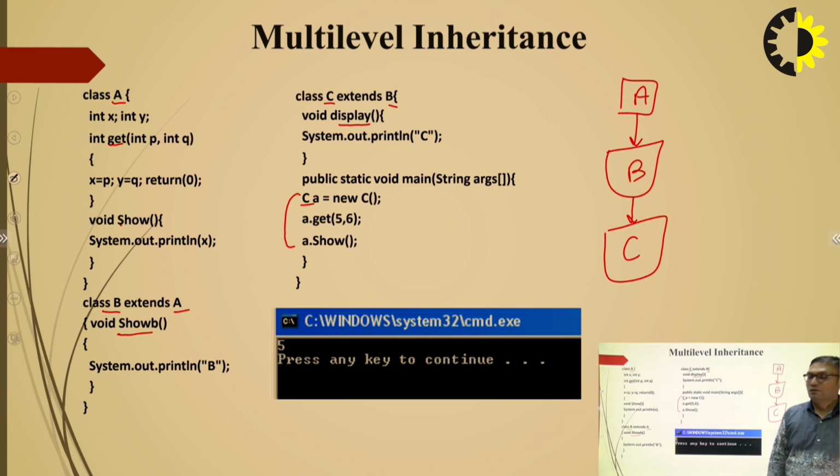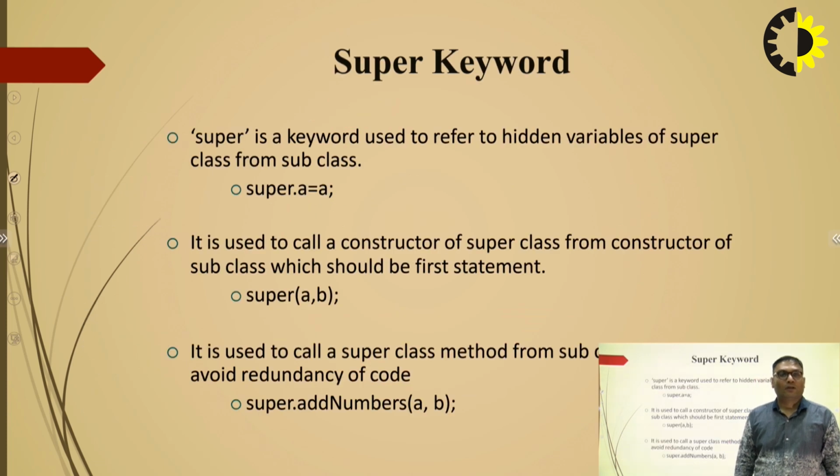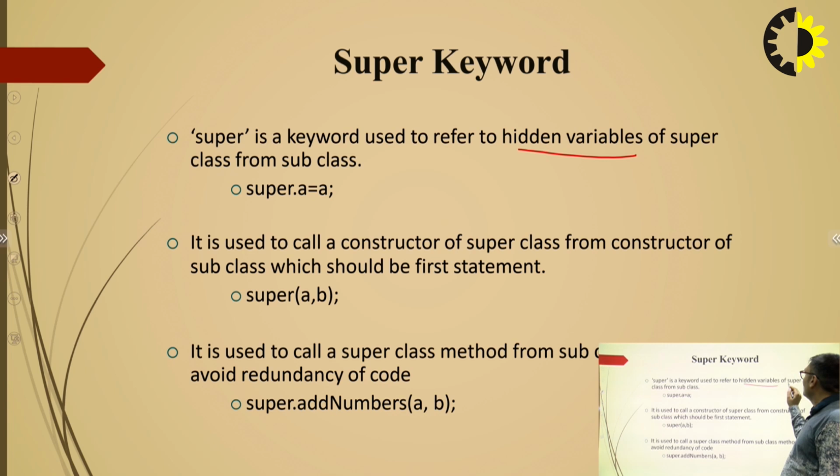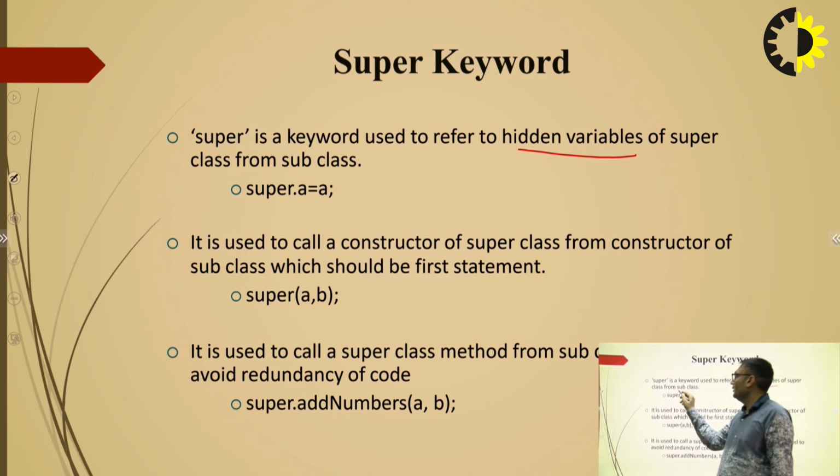Now the question comes: can I access the method of a superclass inside the child class? The possibility is yes, and this can be done with the help of the super keyword. So the next topic is the super keyword. Super is a keyword that is used to refer to hidden variables of a superclass from the subclass.